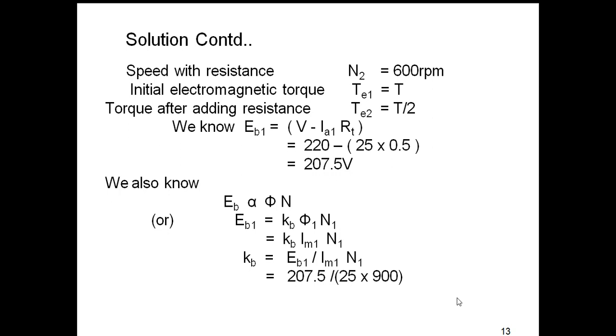If we substitute the values, we get 207.5 by 25 into 900. On solving this, we get the value of KB as 0.009222.